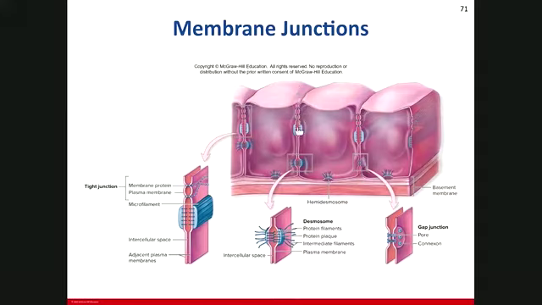The other type of junction between the cells is called desmosome. Here you can see desmosome between two adjacent cells. In the desmosome, you can see a protein plug in the inner leaflet of each cell, as you see in this picture.